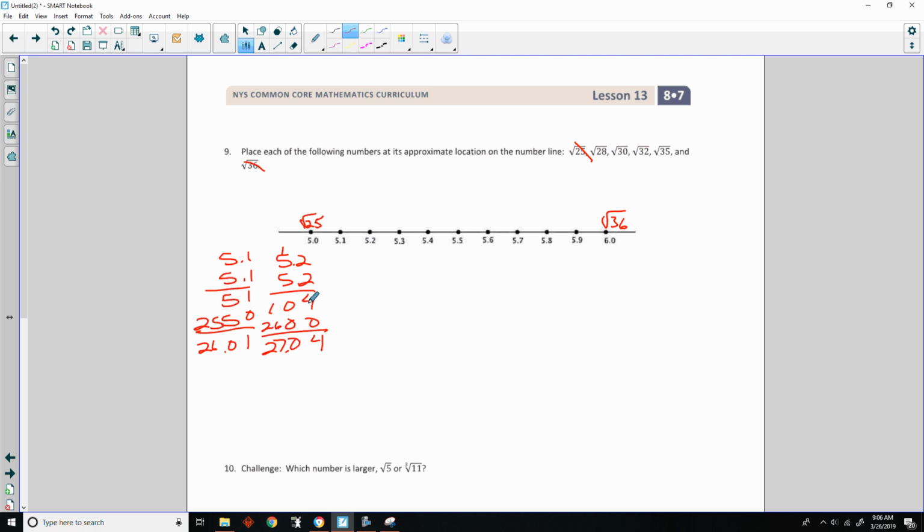So now we're going to do 5.3 squared. 3 times 3 is 9, and so on, which gives 28.09. So it's just a little bit more than 5.2. So right here is the square root of 28.